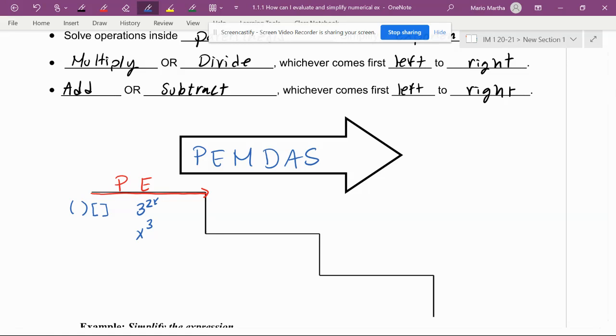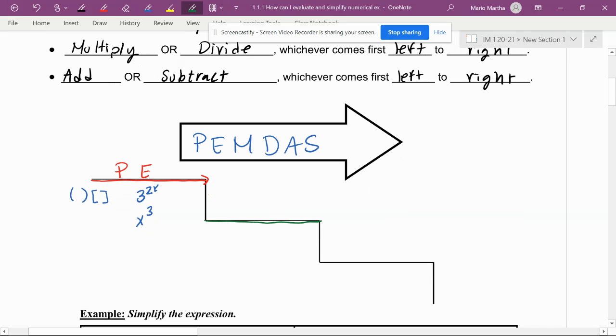Once we finish those two, we move on to our next step, which is multiplying or dividing. The different symbols that we use for that: in elementary school you used the X. Just remember that we stop using the cross for multiplication once we start getting into algebra, and we use dots.